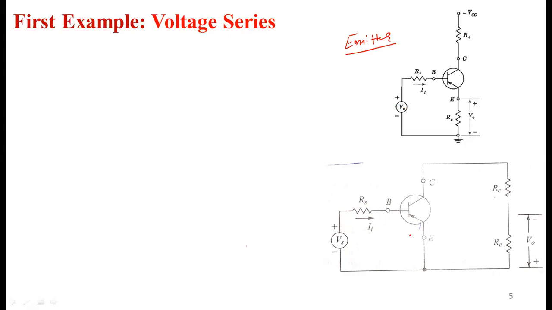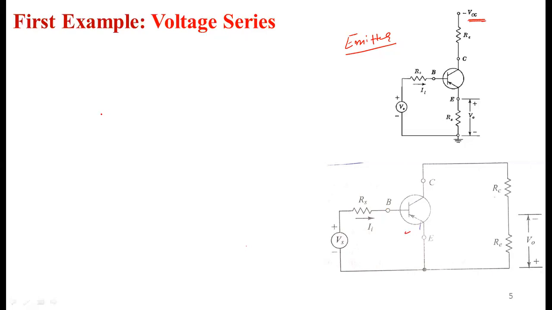By following the steps to draw the simplified hybrid model, first of all, we have to ground all its DC sources. So here we have drawn the AC equivalent circuit. The DC source, that is the VCC, has already been grounded in this circuit. The next step is to draw the hybrid model of this circuit.